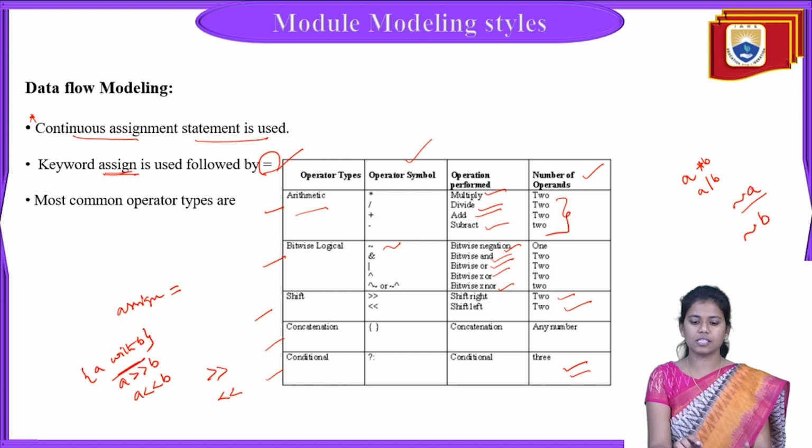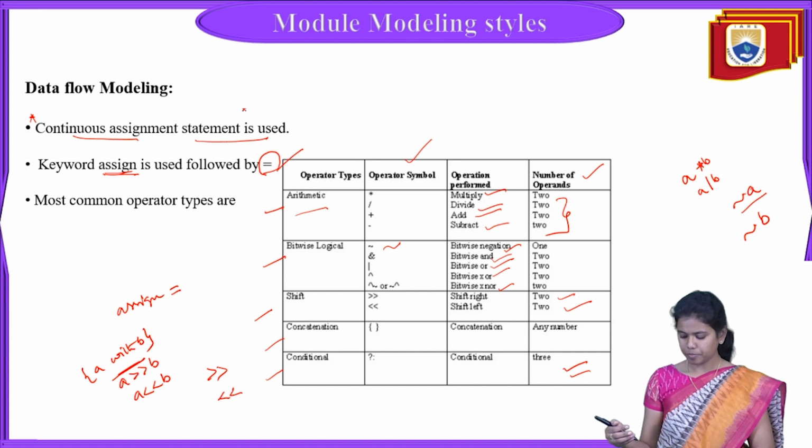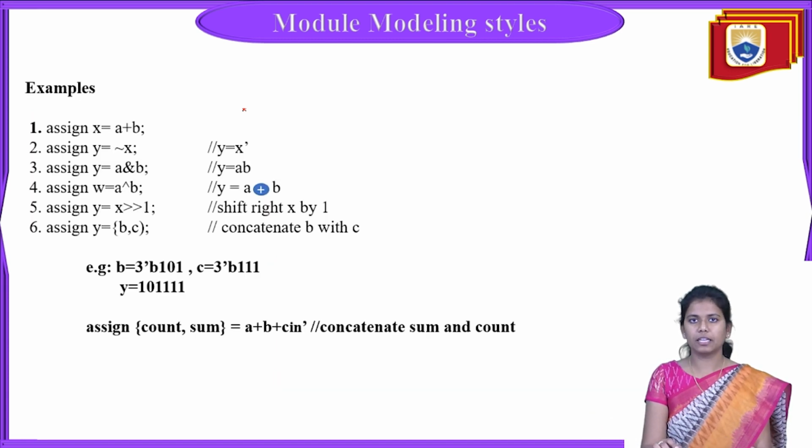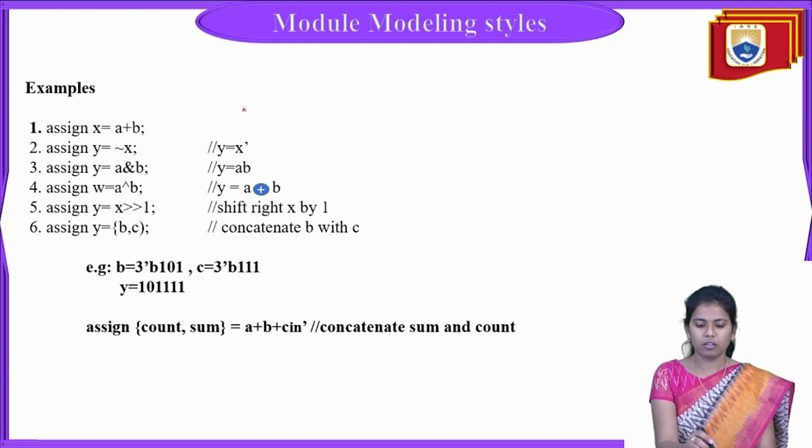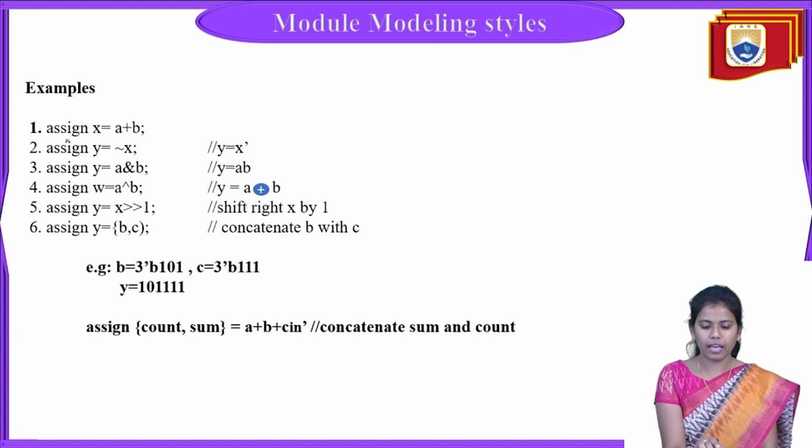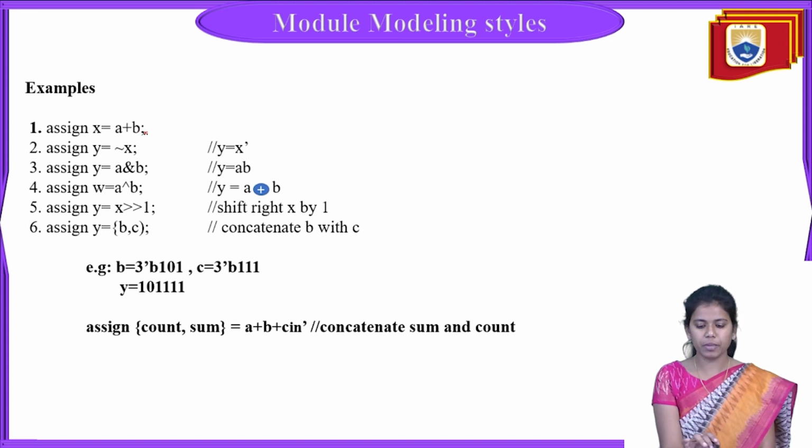First, a continuous assignment statement is used. The second is the keyword assign followed with the symbol equals to, and these are a few common operator types. Coming to the examples: assign x is equals to a plus b, adding a plus b.